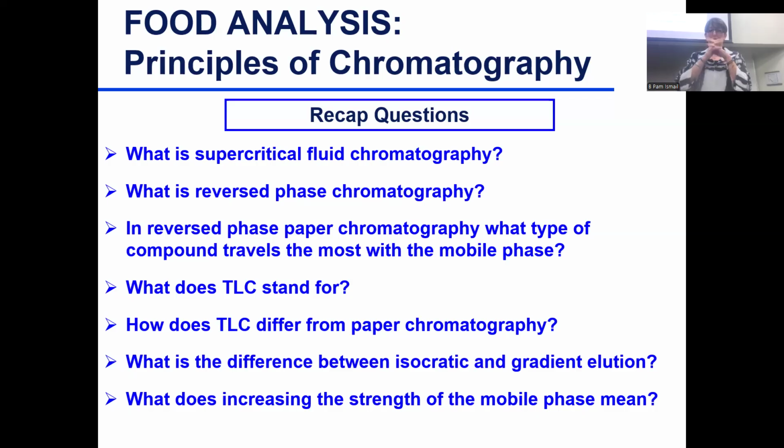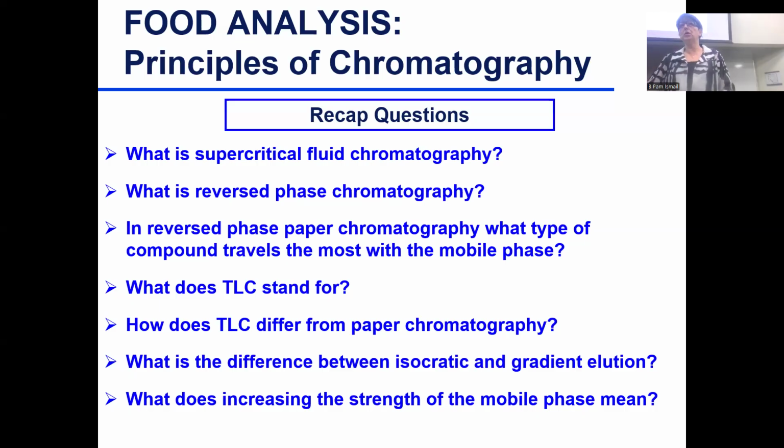And it is less viscous, which helps with better movement. Supercritical chromatography is usually used with components that are not thermally stable. They cannot be volatilized, so we can't use GC, or we can if we derivatize, but it's not very good for GC application.